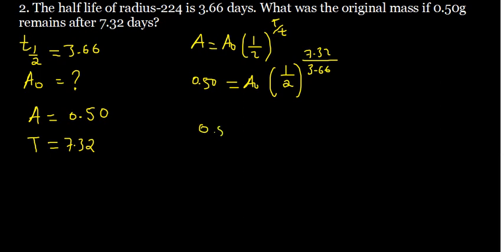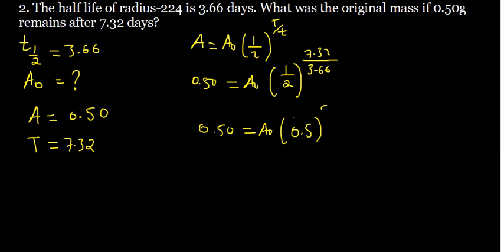So what is this going to give us? This will be 0.50 is equal to A0. We have got 1 over 2 is the same as 0.5. So what I'll do is I'll punch this on the calculator, 7.32 divided by, oh sorry, not 7.66, by 3.66.